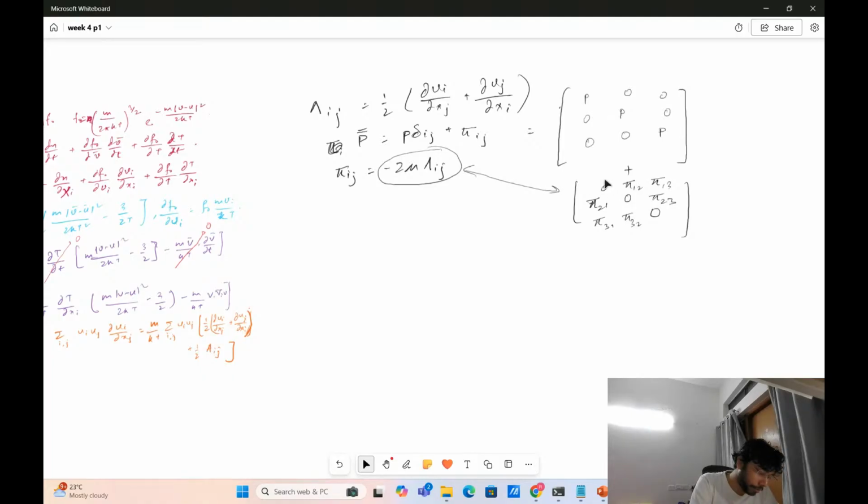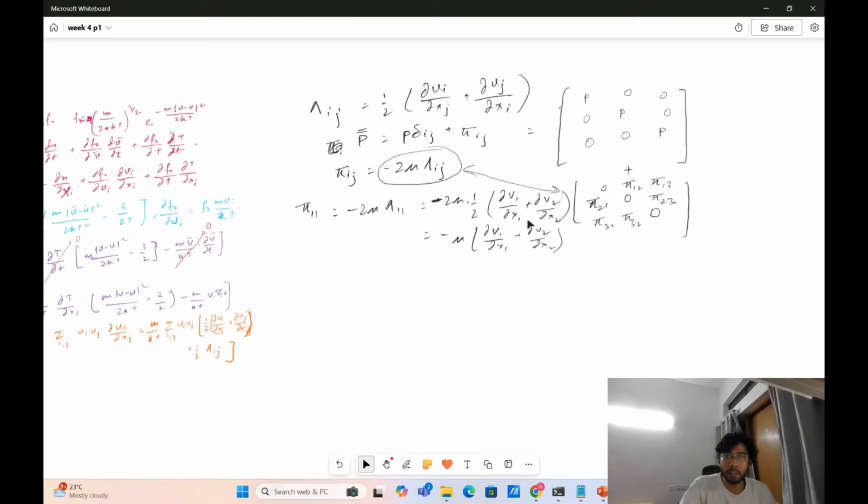So what will be pi 1,1? Pi 1,1 will be minus 2 mu lambda 1,1, which equals minus 2 mu into half into del v1 del x1 plus del v1 del x1. So the two cancels, and it will be minus mu del v1 del x1 plus del v1 del x1. Right? So now you can see that this pi 1,1 is not 0, but this should be 0, because that's by definition.